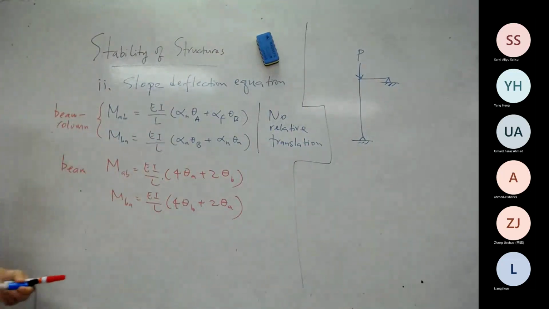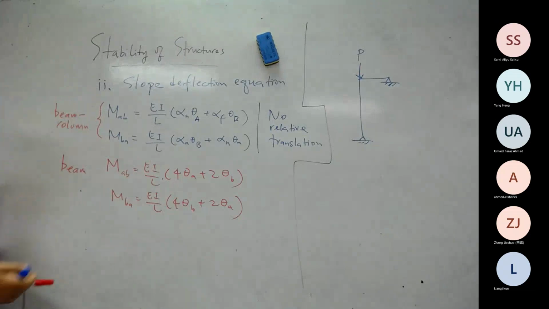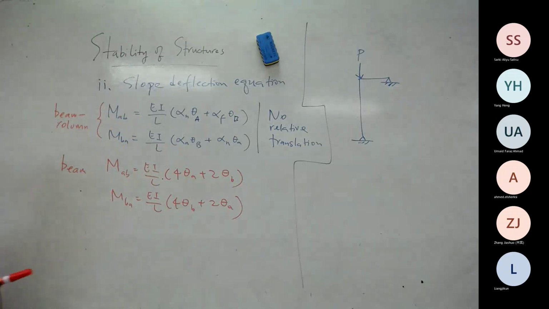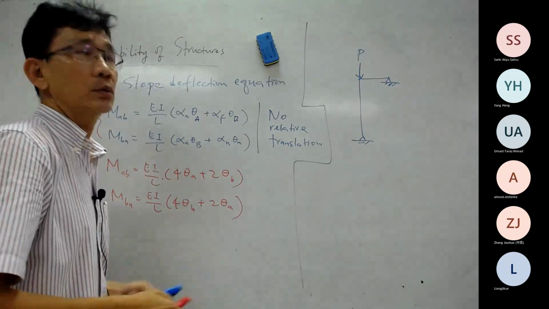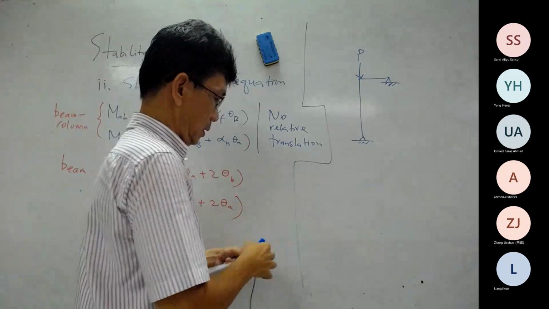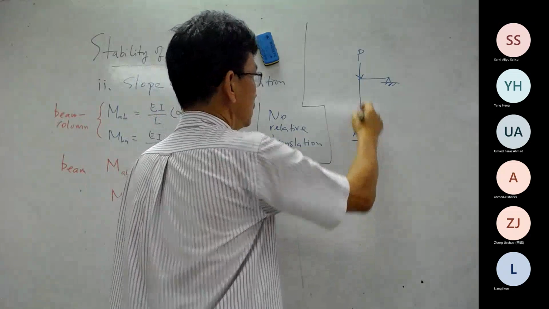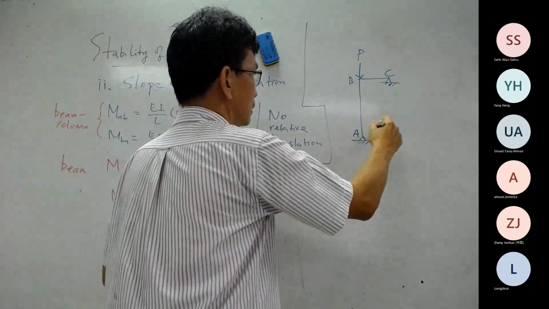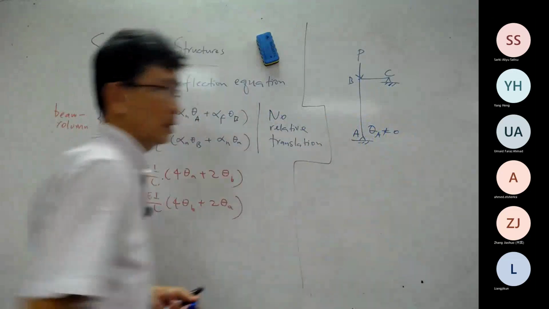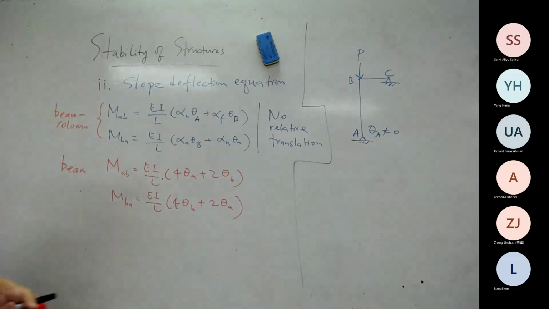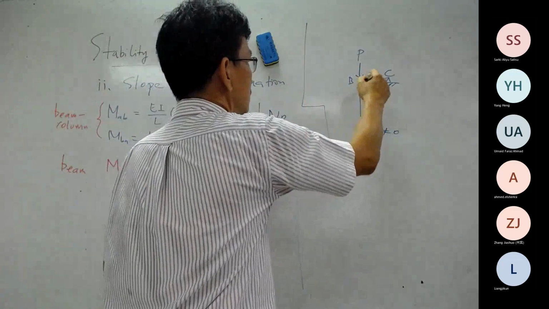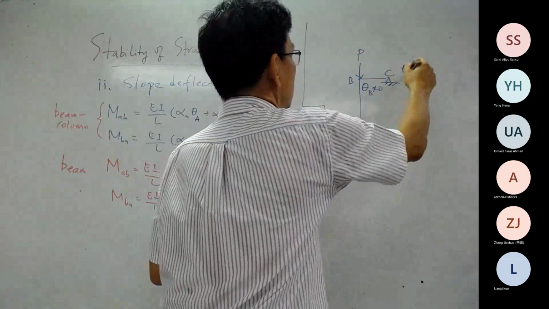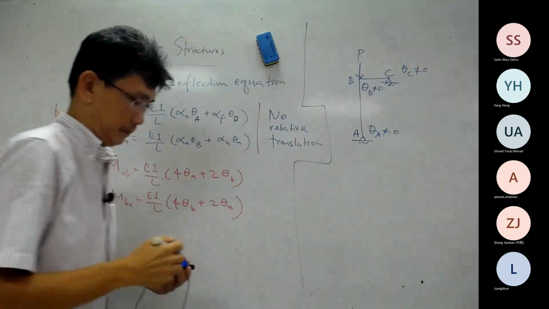So we can differentiate them and then know which set of equations we should use. Normally we give them names. This is A, this is B, this is C. So you first identify theta_A, this is not zero. Theta_B is also not zero, and theta_C is also not zero.